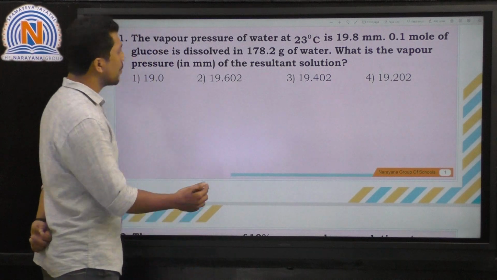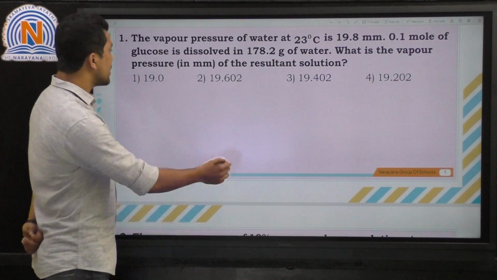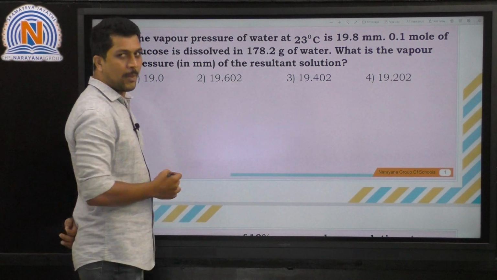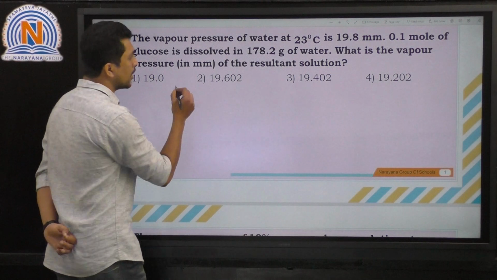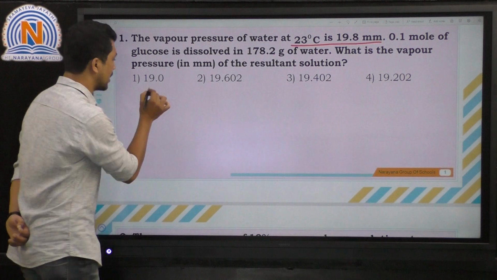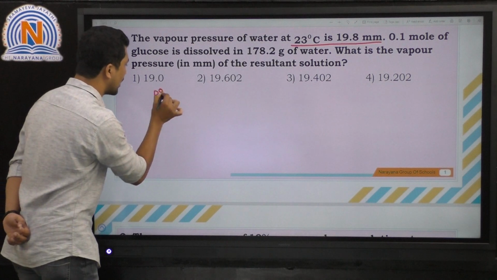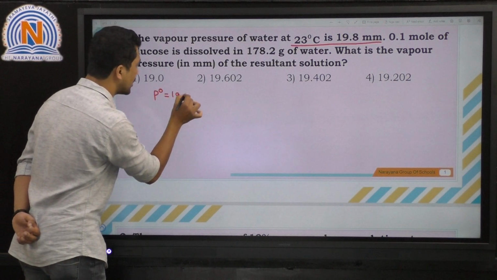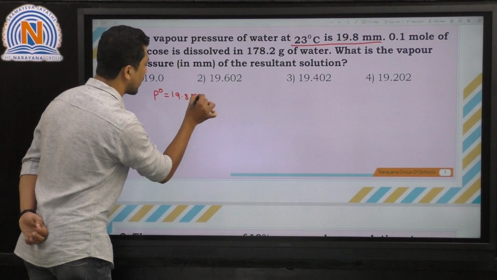The given data is the vapor pressure of the pure solvent, that is water, at 23 degrees centigrade: 19.8 millimeters. So P0 equals 19.8 millimeters. The solution contains glucose and water. Glucose is considered component 1 and water component 2.